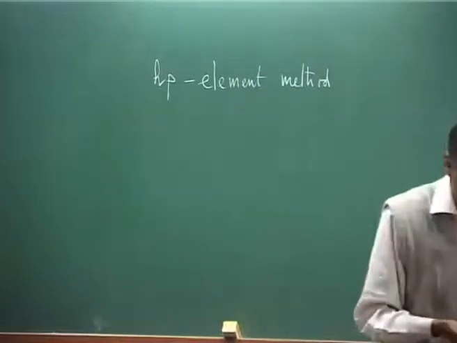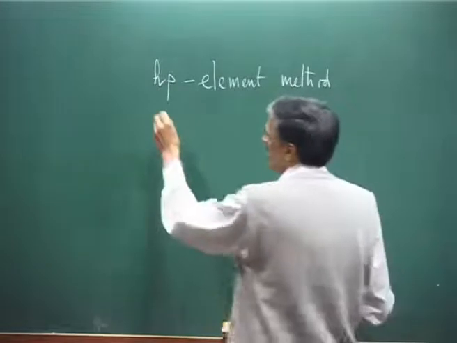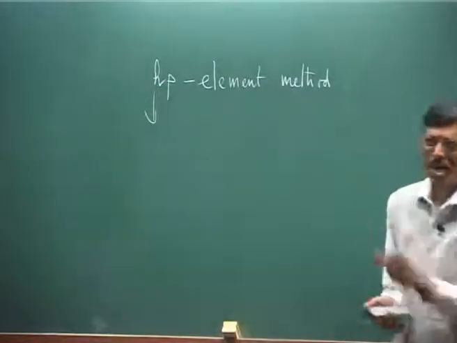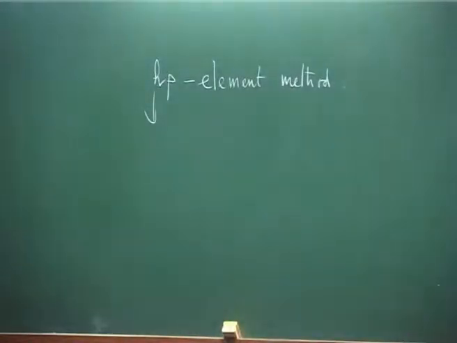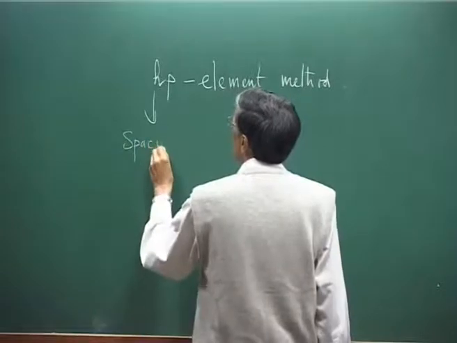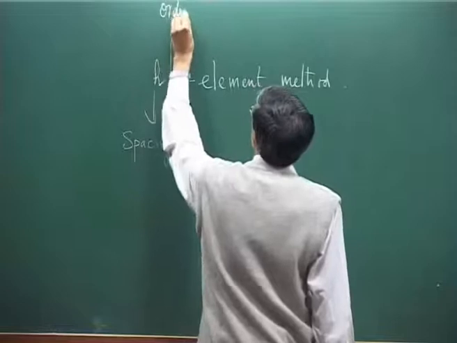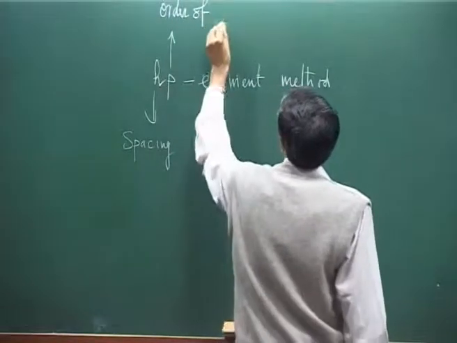This has been claimed to be the more accurate finite element version, where h represents the size of the element, like what we are talking about here, where delta x would be equivalent to your h, and p is the order of the polynomial. So h represents the spacing and p is the order of the approximating polynomial.